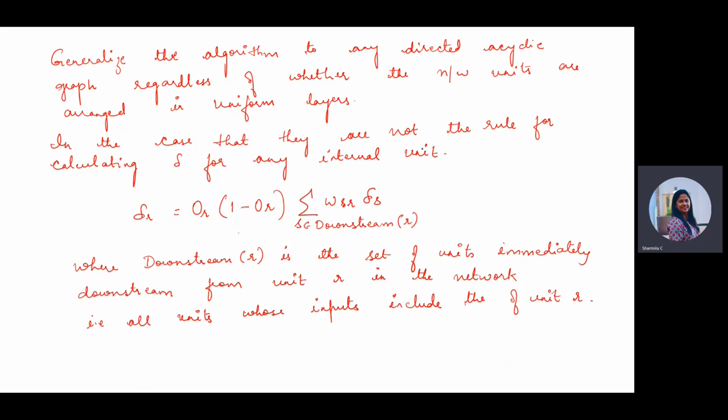In that case, the rule for calculating the error term for any internal unit sums over s belonging to downstream of r, where downstream of r is the set of units immediately downstream from unit r in the network, that is, all units whose inputs include unit r. So the previous formula is generalized with this one.